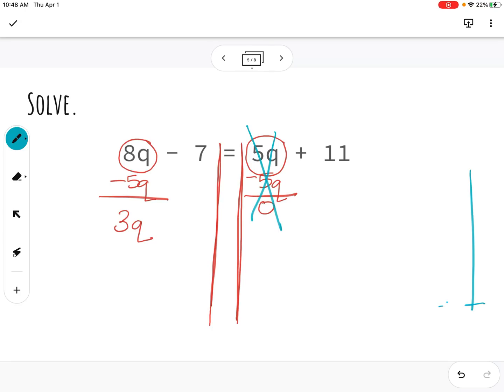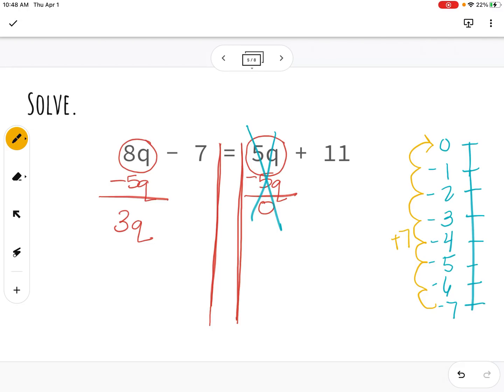If I have a -7, to get to 0, I'm going to have to add 1, 2, 3, 4, 5, 6, 7. So I actually have to add 7 if I have a negative number. So that's what we'll go ahead and do.